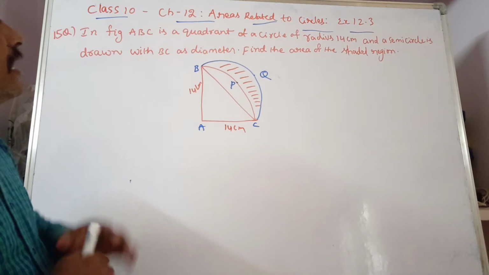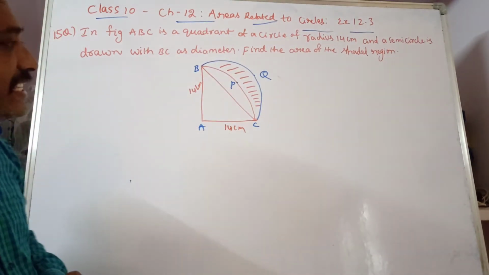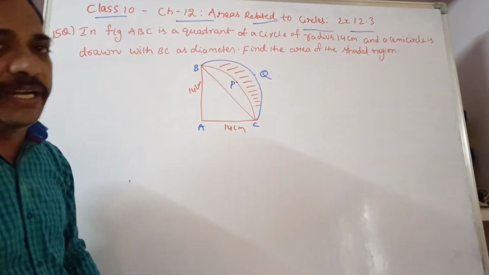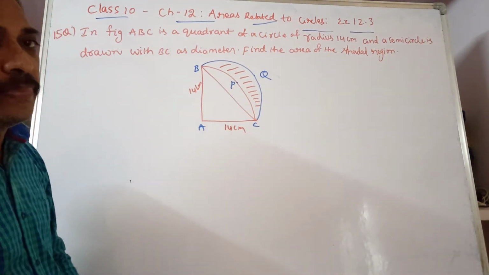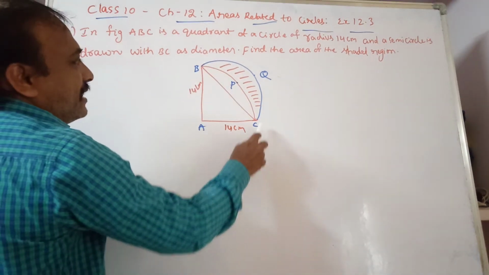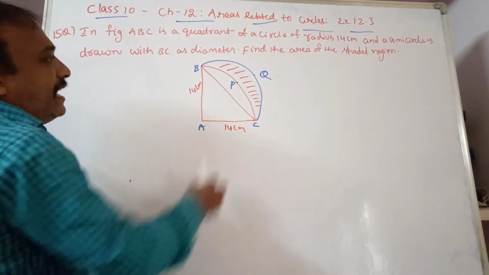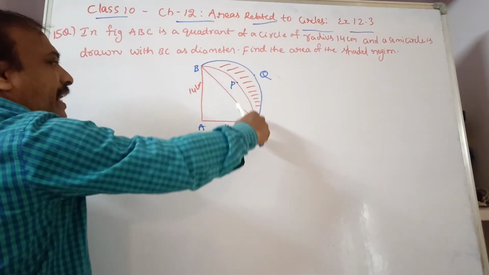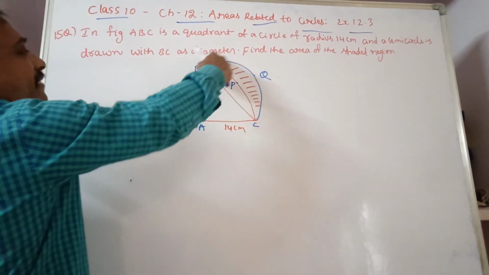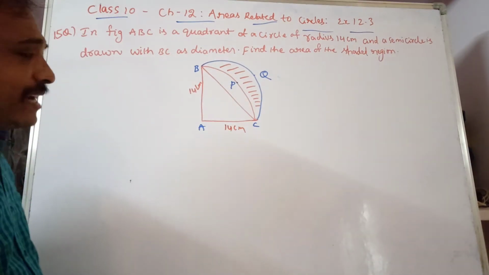To find the area of the shaded region, we have to find the semicircle with diameter BC. We don't know that, he did not give it, but we can find it out. First find the area of this quadrant. From that, if you subtract the area of the triangle, you will get the area of the BPC portion. Then you subtract that from the area of the semicircle, and you will obtain the area of the shaded region.